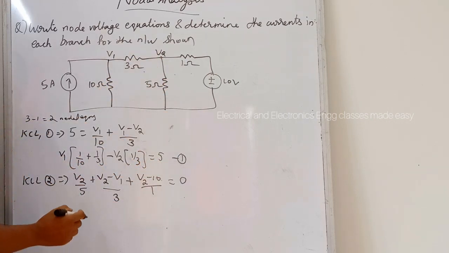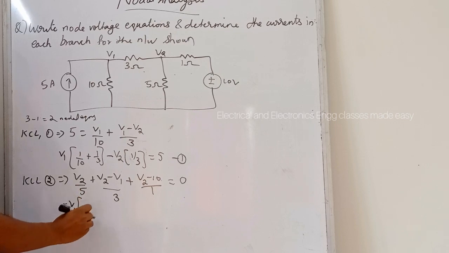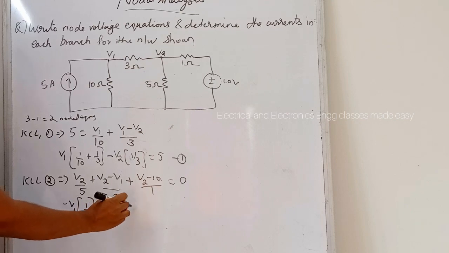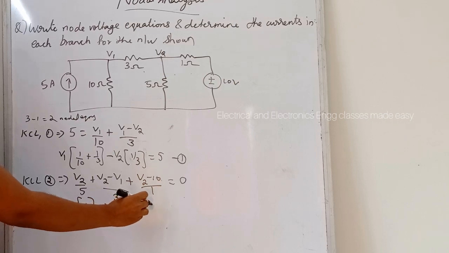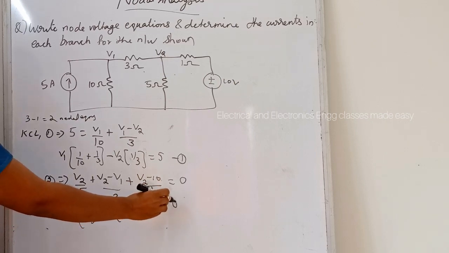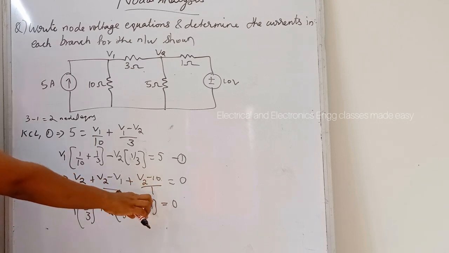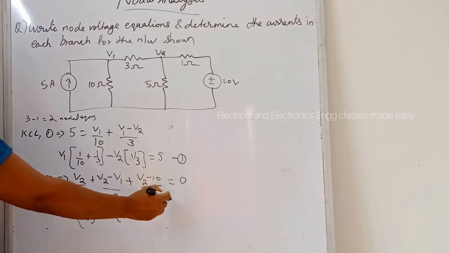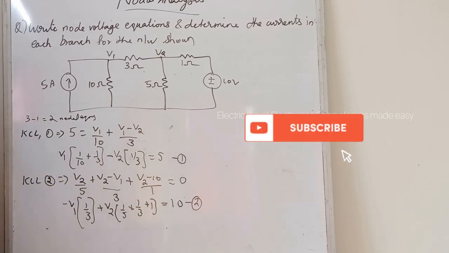After rearranging, we get minus V1 into 1 by 3, plus V2 into (1 by 5 plus 1 by 3 plus 1), equal to 10 divided by 1, so equal to 10. So this is the second nodal equation.